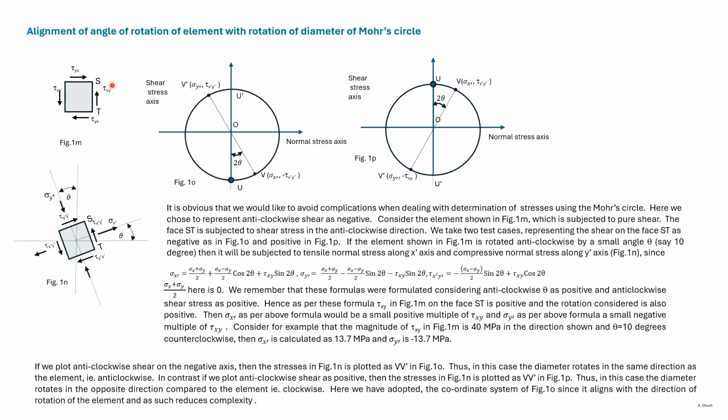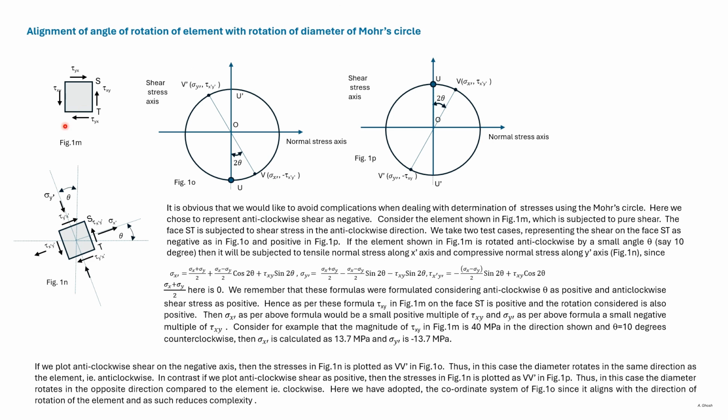Now let us plot the stress on the face ST. So tau xy here is anticlockwise and is plotted as U here and U in this diagram. There is no normal stress here, and the points U also do not correspond to any normal stress.